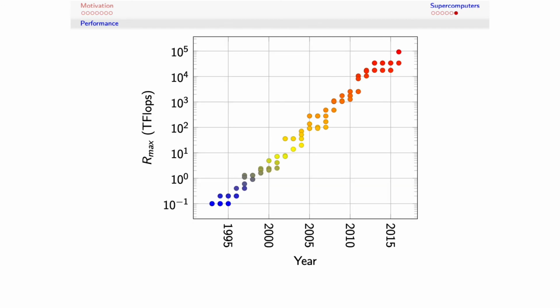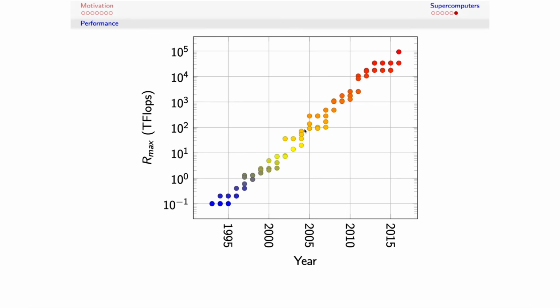I mentioned the flops metric, the number of floating point operations per second. So this is a chart, again on a logarithmic scale on the y-axis, that shows the performance of various computers over the years on a particular benchmark of floating point calculations. It's called Rmax. It's basically the fastest that this computer can compute based on some standard benchmark programs.